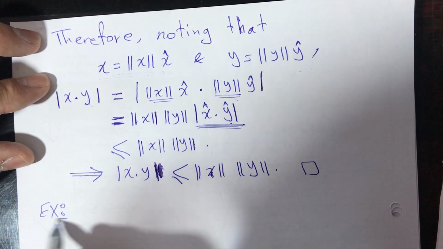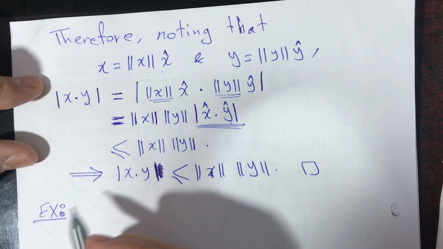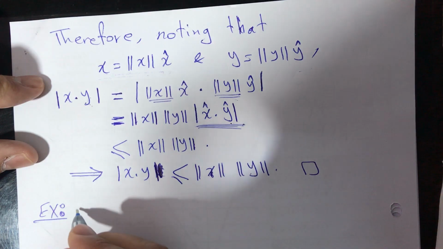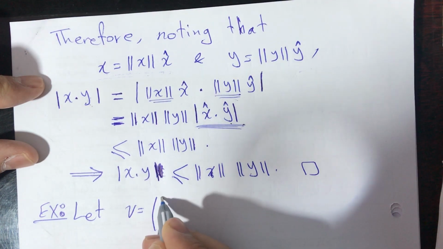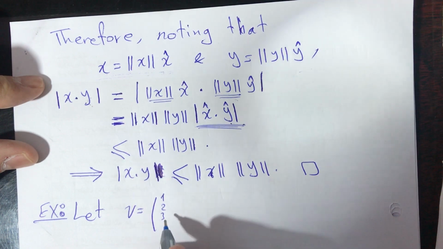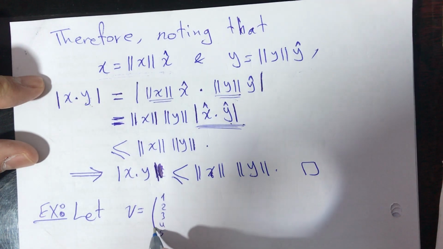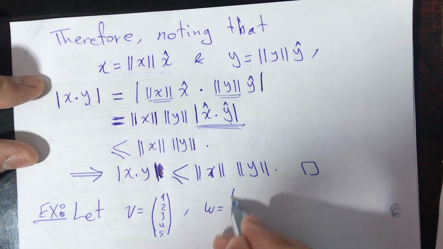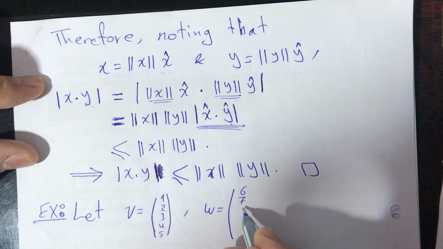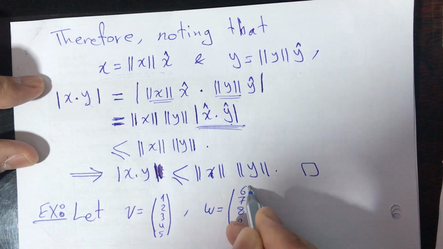Example, two vectors. Let v be equal to 1, 2, 3, 4, 5, and w be equal to 6, 7, 8, 9, 10.